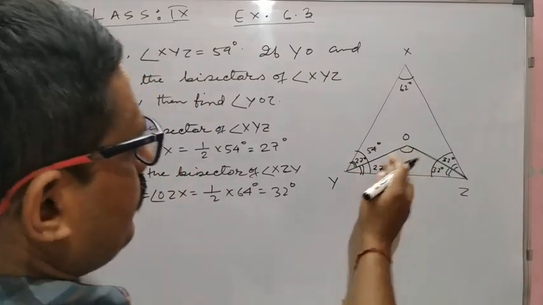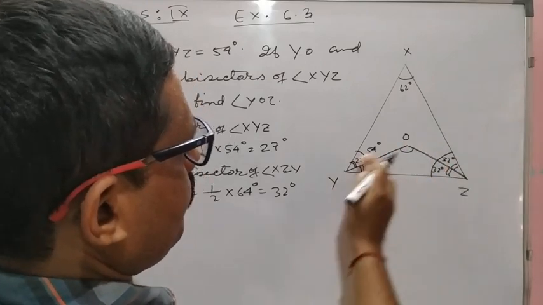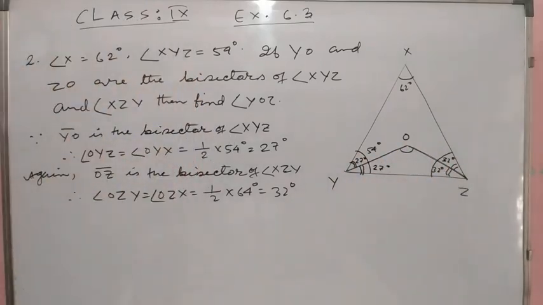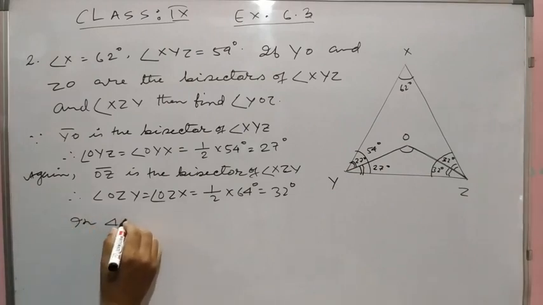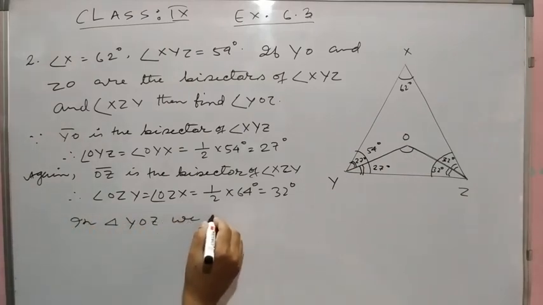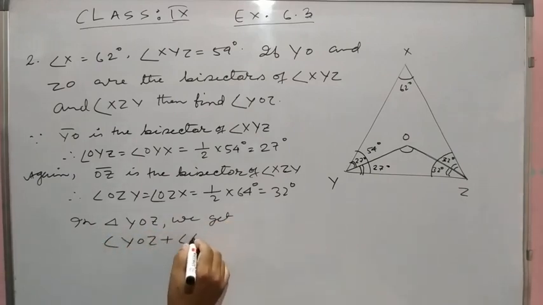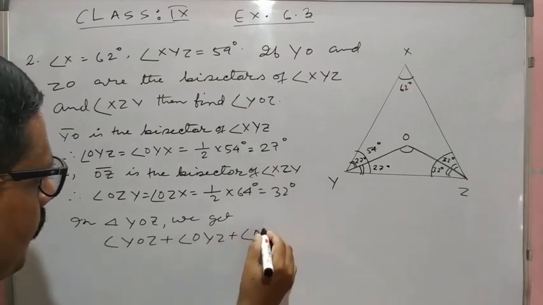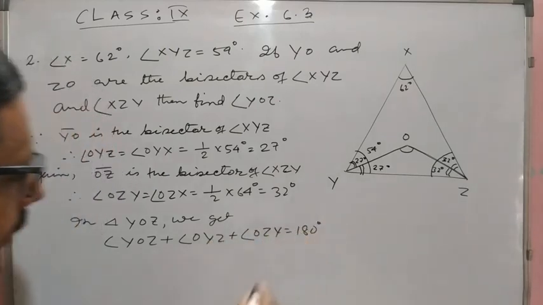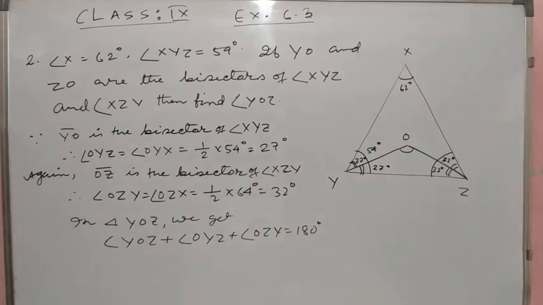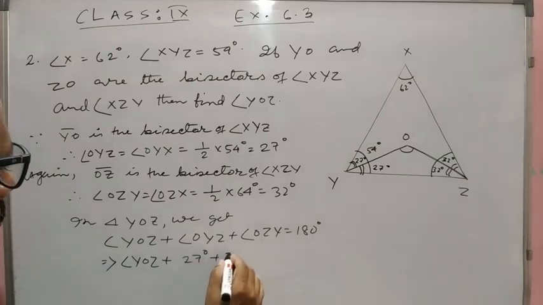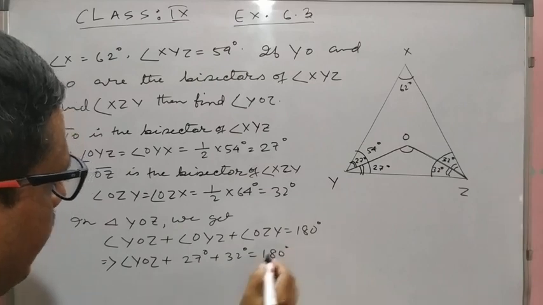Now we need to find this angle, so in triangle OYZ let us apply the angle sum property. So in triangle YOZ we get angle YOZ plus angle OYZ plus angle OZY equals 180 degrees. We are using the angle sum property here. So this implies that YOZ is not given, this is given as 27 degrees, this is given as 32 degrees.